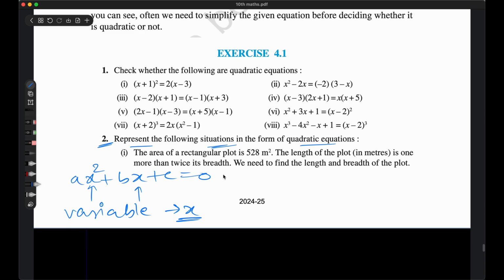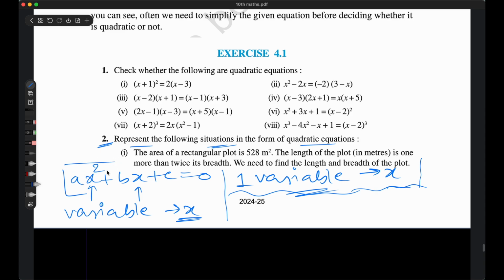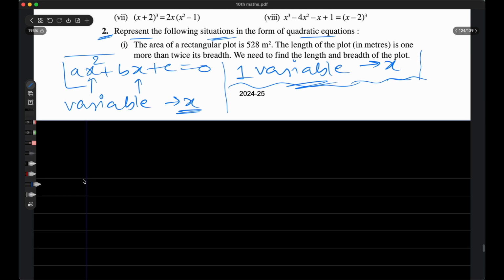We have only one variable, x, in the equation, so whenever we have only one variable, we assume it to make the equation of the form ax square plus bx plus c equals 0. Let us start with the first part.